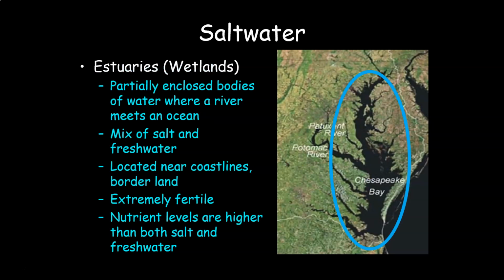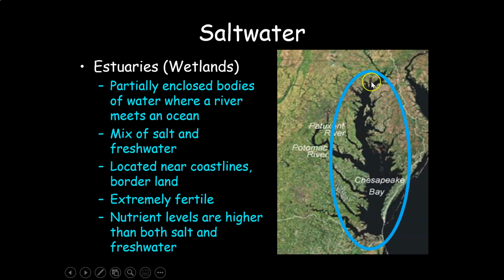So moving away from those freshwater and into saltwater environments, then we have to talk about these estuaries or wetlands. And these are partially enclosed bodies of water where a river meets the ocean. So we get some really cool ecosystem gradients that happen within estuaries. So when we look at something like the Chesapeake Bay, we talk about things like the Delaware River dumping into that Chesapeake.